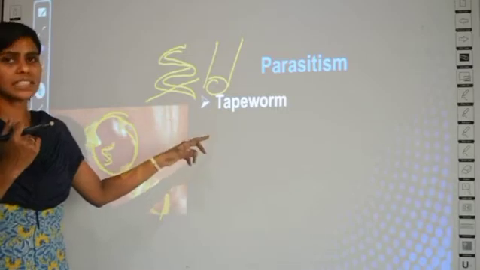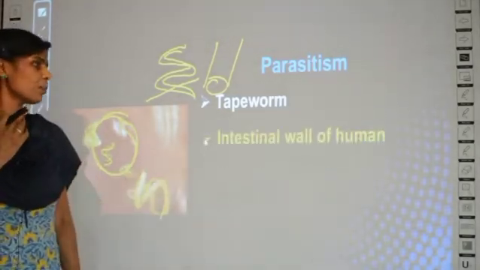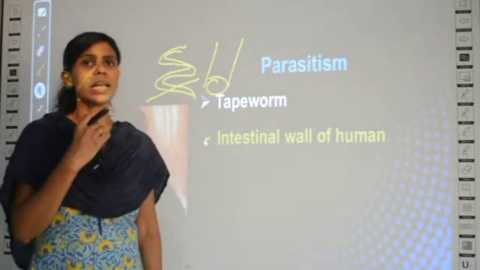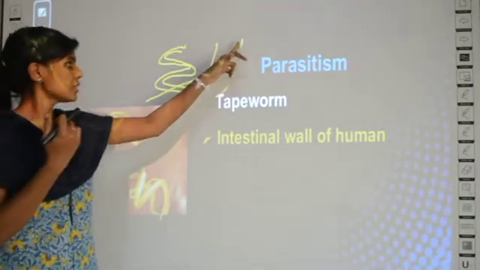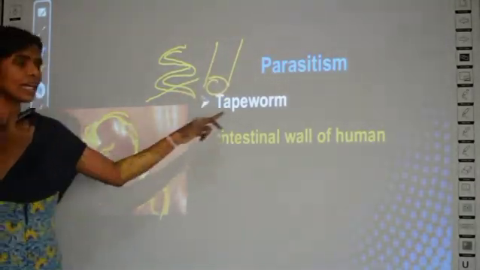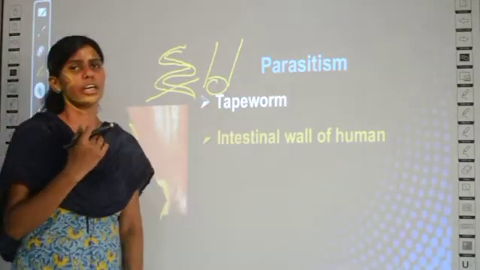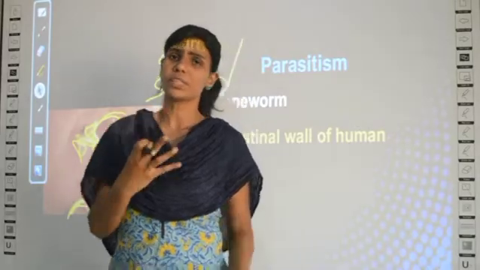The example given in your textbook is the relationship between the tapeworm and the intestinal wall of the human. This is the intestine, and this is the wall of the intestine. In the wall of the intestine, you can see the tapeworm. It is a worm which lives in the intestine; it is not always present.